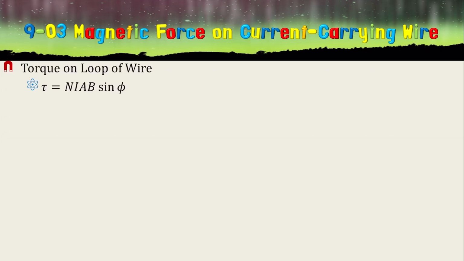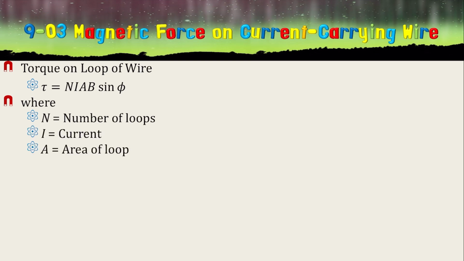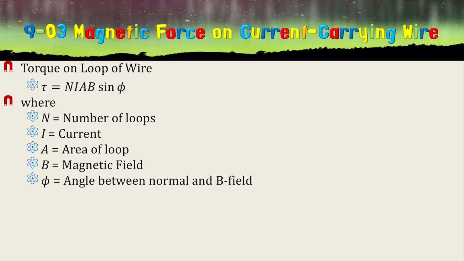So what is our torque? Our torque is NIAB sine phi. N is the number of loops. I is the current. A is the area of a loop. B is the magnetic field going through the loop. And phi is the angle between the normal and the magnetic field.